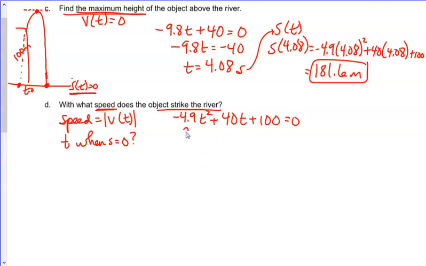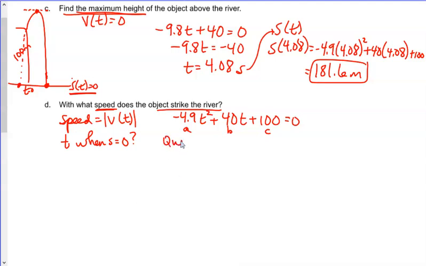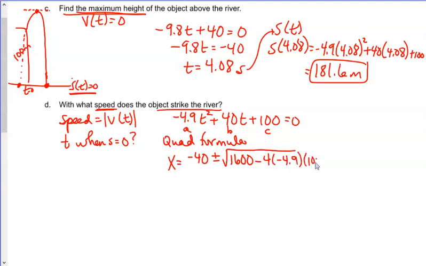So I'm going to use this as my A, my B, and my C. We can't factor this, but we can use the quadratic formula. So I wanted to do this problem for you, so in case things don't factor, you can use the quadratic formula. So that was x equaling negative b, which was negative 40, plus or minus the square root of b squared, which is 1600, so 40 squared, minus 4 times a times c.